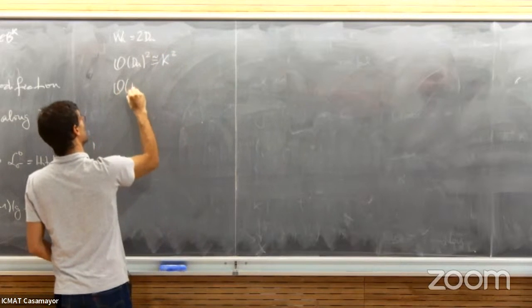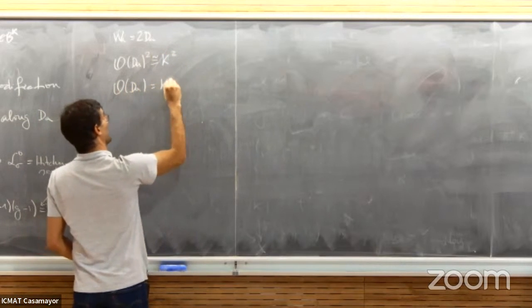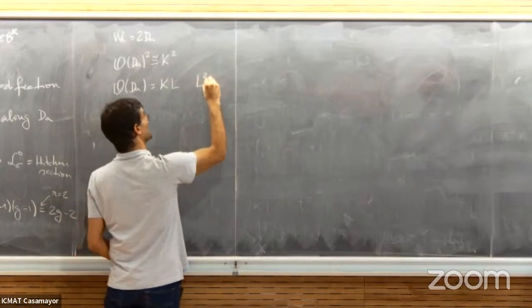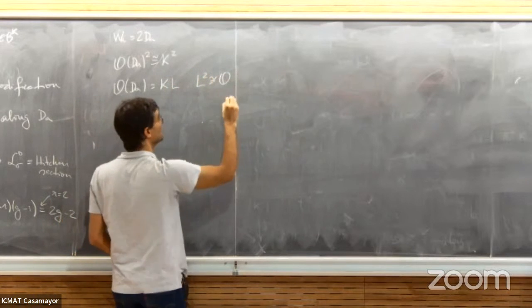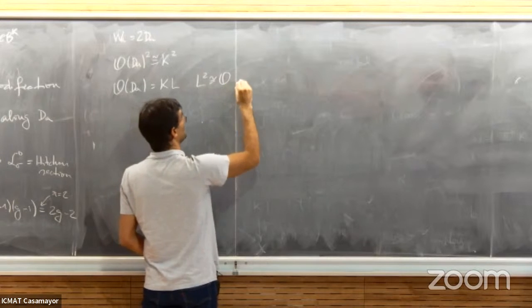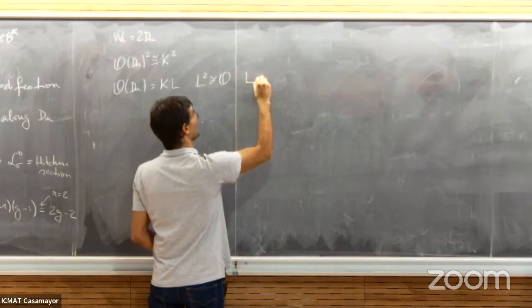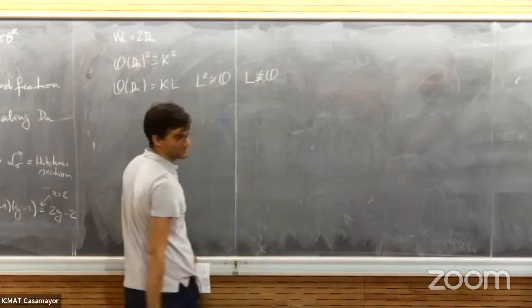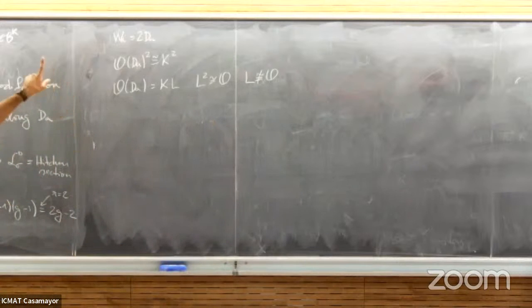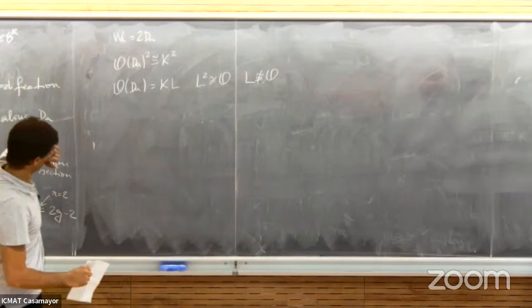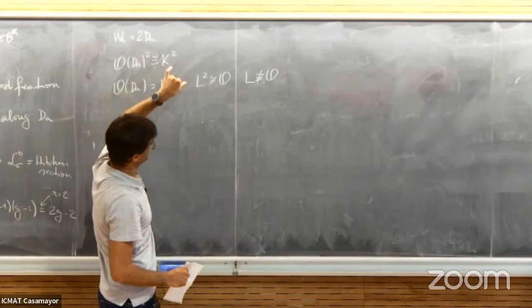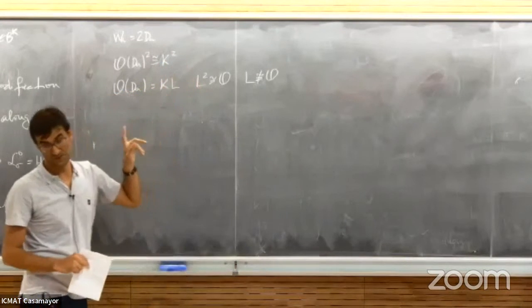So O(delta_A) is K L for some line bundle L, a two-torsion line bundle, such that L is not trivial, because I want the spectral curves to be reduced.